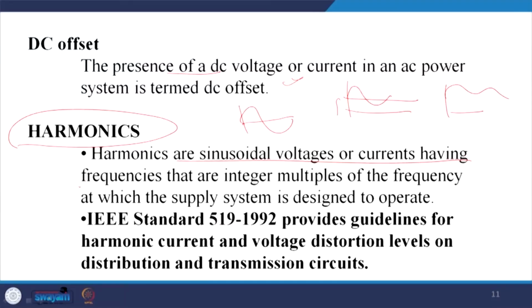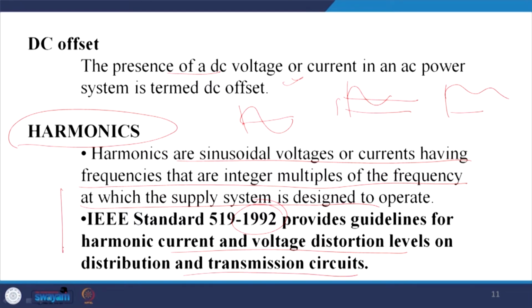Harmonics are sinusoidal voltages or currents having frequencies that are integral multiples of the frequency at which the supply system is designed to operate. IEEE standard 519, the 1992 standard, and further revised standards provide guidelines for harmonic current and voltage distortion levels on distribution and transmission circuits.